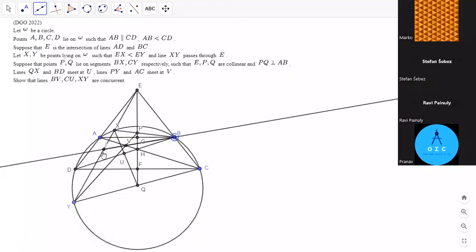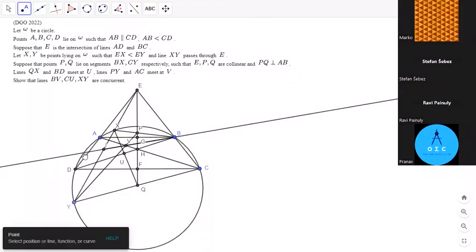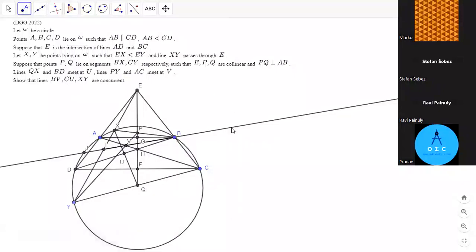So we could see where this meets the circle. And then we basically want to find the cross ratio CXYJ.